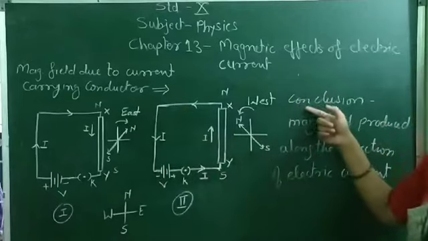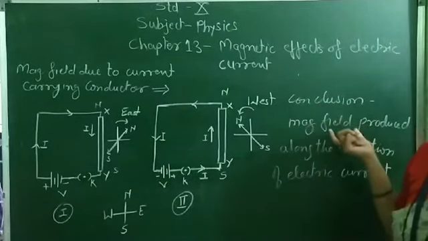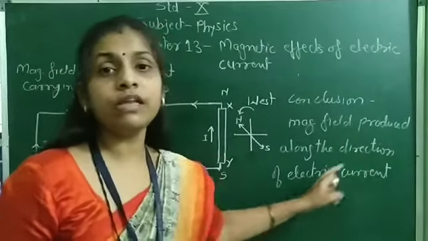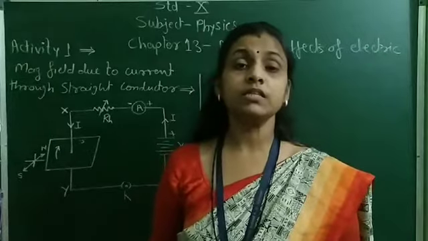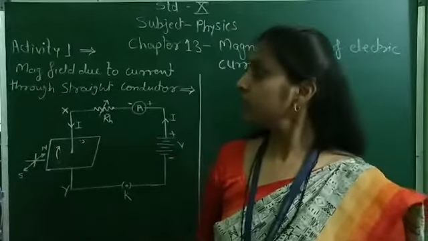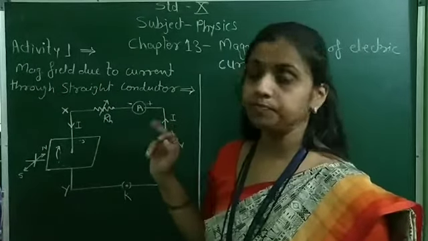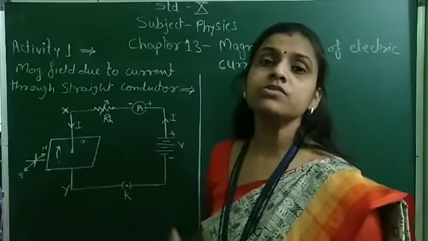This is the conclusion of this small activity: the magnetic field produced is always along the direction of electric current. Got it? Now we will see the first important activity, that is, the magnetic field due to current through a straight conductor. How does the magnetic field behave when the current flows through a straight conductor?